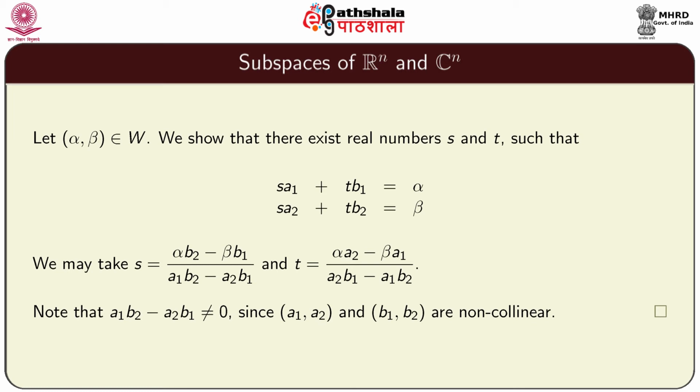So, we have solved this simultaneous equation for this choice of S and T, and therefore, we have proved that alpha beta, which was in W, actually belongs to this set S A1 A2 plus T B1 B2, where S and T belong to R.